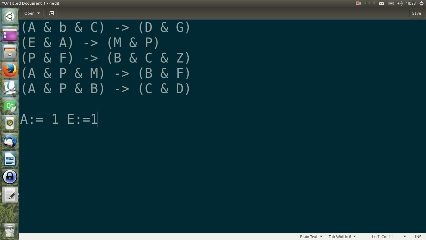To know that, let's split the antecedents and the consequence into 2 groups. So the antecedents are A, B, C, A, I, P, F, A, P, N, A, P, and B. Now you might notice that there are some duplicate atoms, and we shouldn't have duplicate atoms.